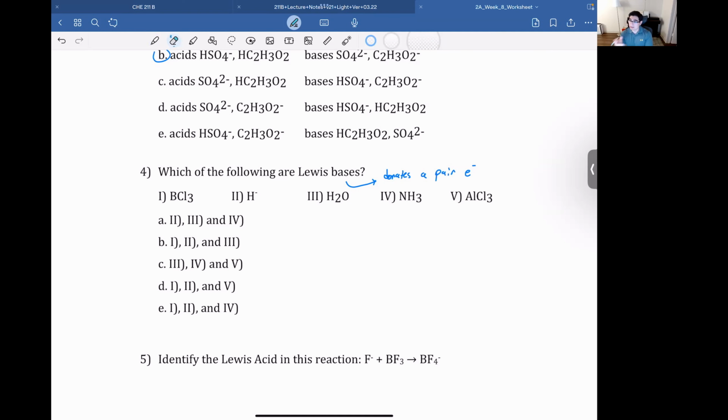One group over from the noble gases are the halogens. Halogens typically want one bond. You need 8 electrons for an octet, so the other 3 pairs of electrons, because electrons are always paired up, come in terms of lone pairs. So if halogens want one bond, they're going to have 3 lone pairs, and they can donate a lone pair of electrons.